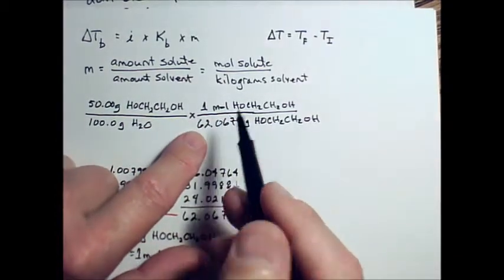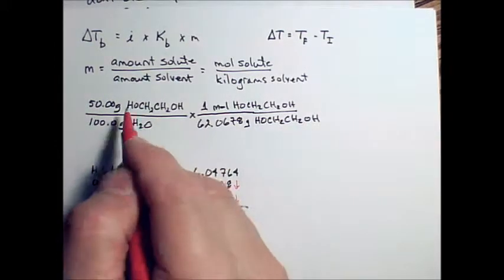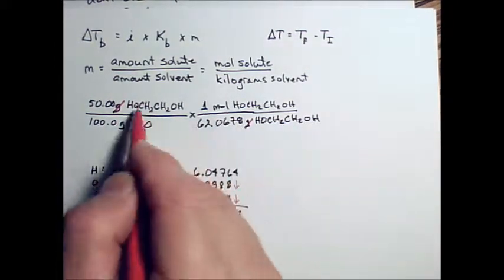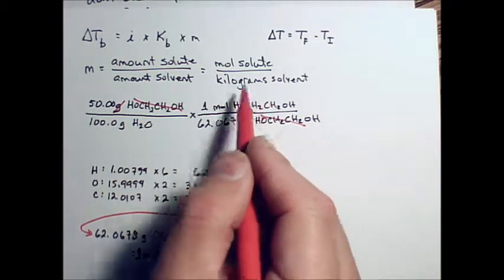We arrange it this way with the grams on the bottom only because we want to be able to cancel the grams here and the species here and leave ourselves with the moles of the solute that we're looking for.